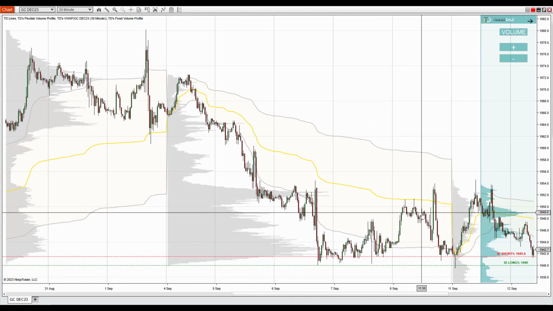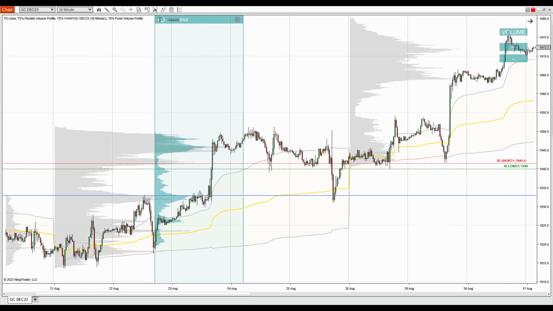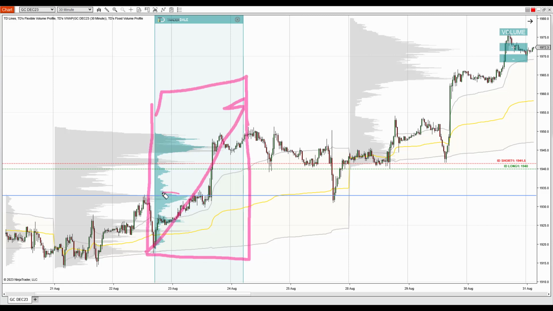Previous prediction was in here. I also sent you that prediction in an email. This was an uptrend zone, this was the uptrend, this was a heavy volume zone. So this was the level to go long from, and this was the reaction.